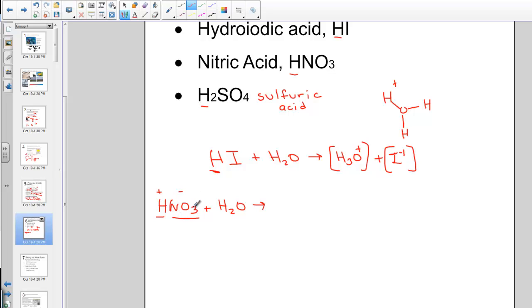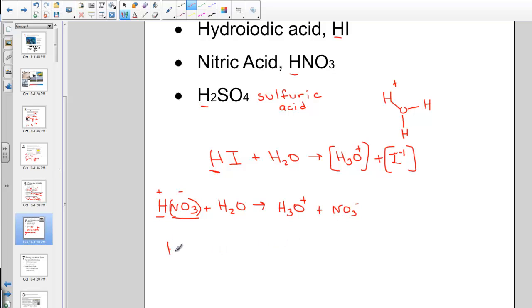So this is one ion called nitrate. We called it a polyatomic ion. The proton is released and protonates the water molecule. So here's our acid species called hydronium, and what's left behind as the negative anion is nitrate, NO3, -1.